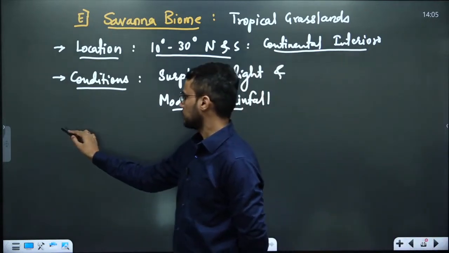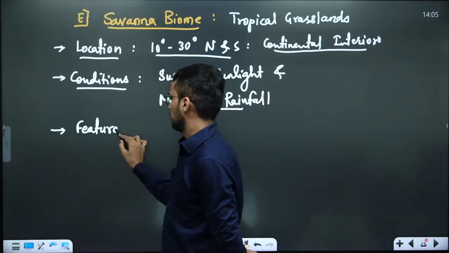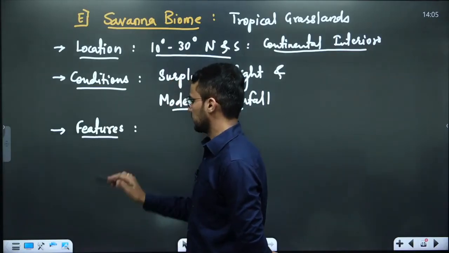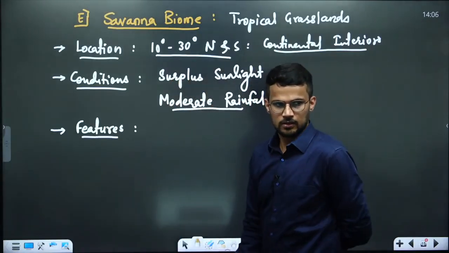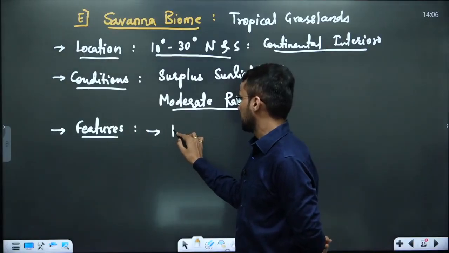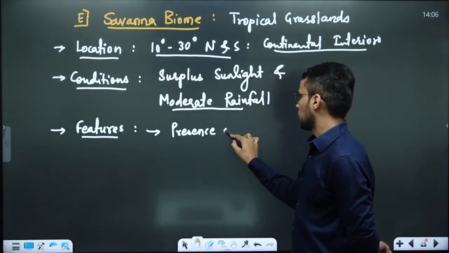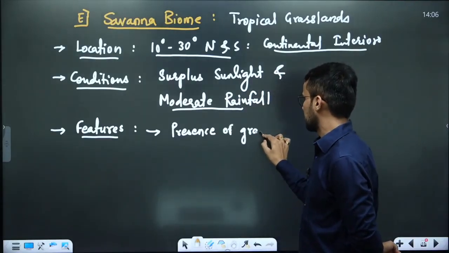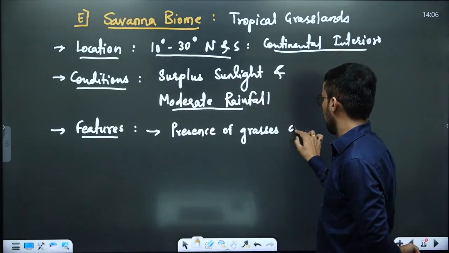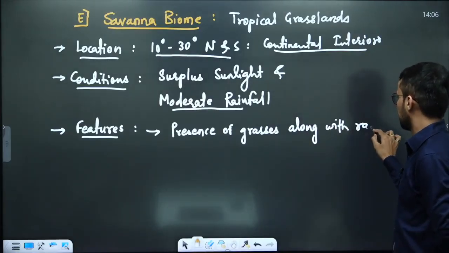Next, features. What are the features? Presence of grasses along with rare trees.